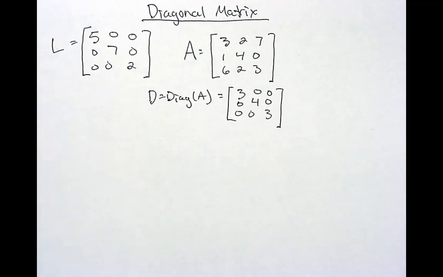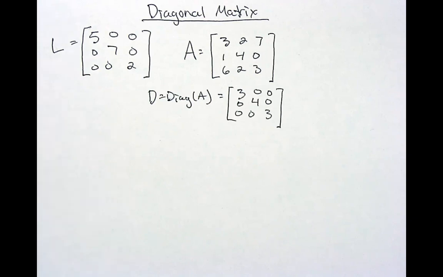Now, diagonal matrices are used to weight rows or columns of other matrices. So pre-multiplying by the diagonal matrix weights the rows, and post-multiplying by the diagonal matrix will weight the columns.